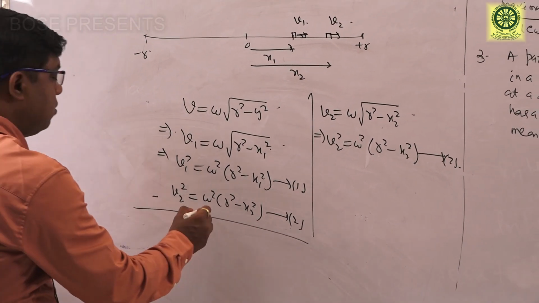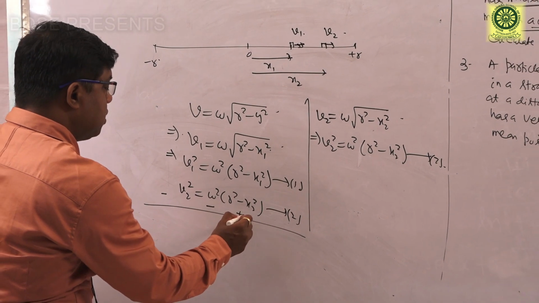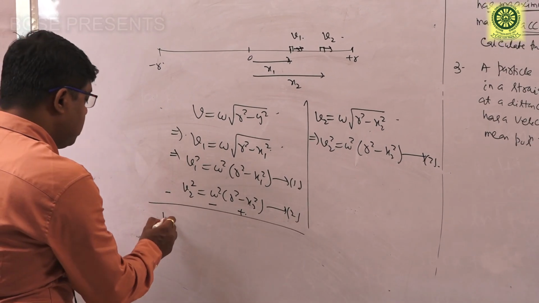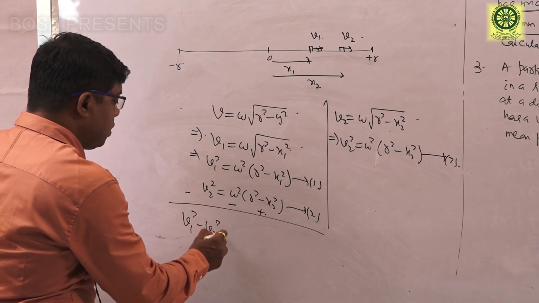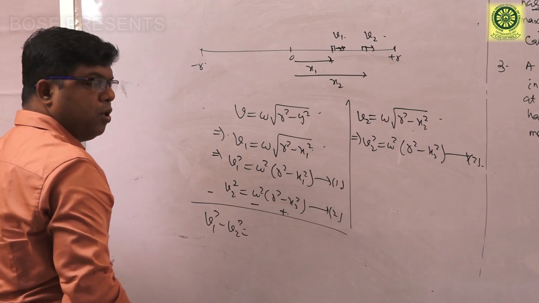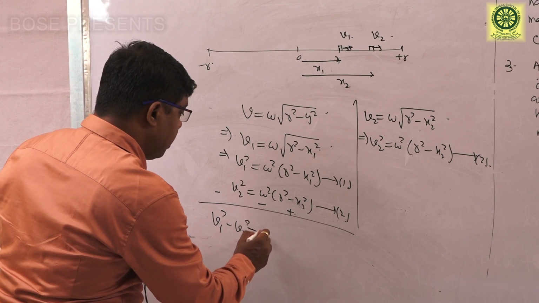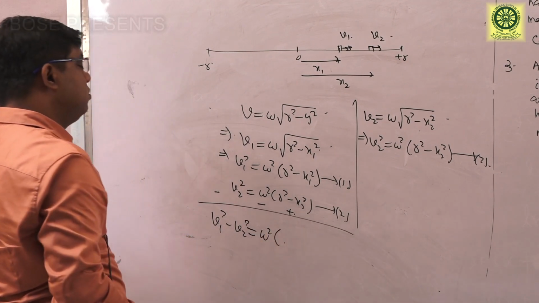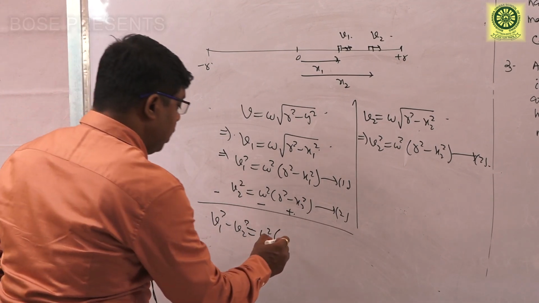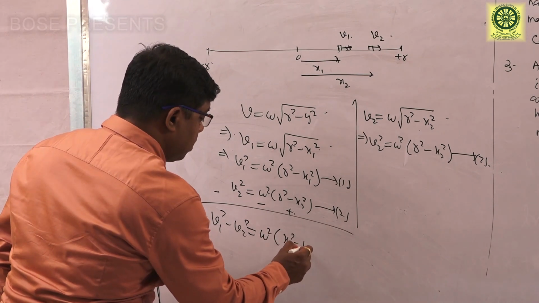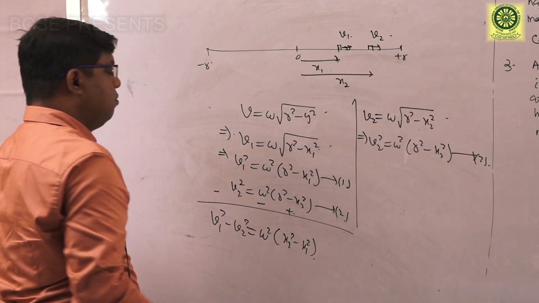So v1 square minus v2 square is equal to minus omega square r square plus omega square r square cancel, that is omega square into x2 square minus x1 square. Okay, very simple.